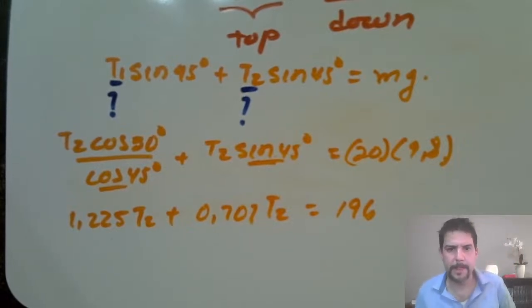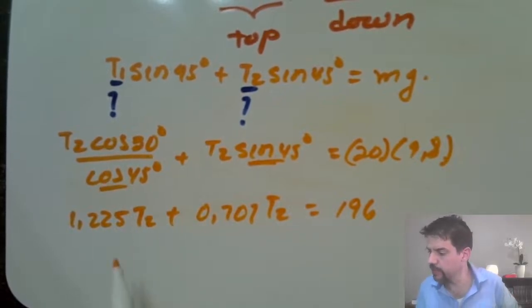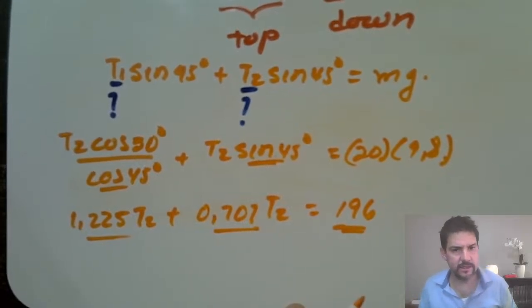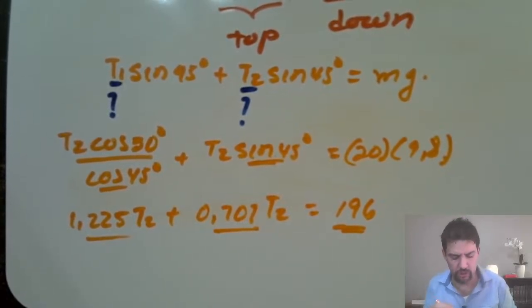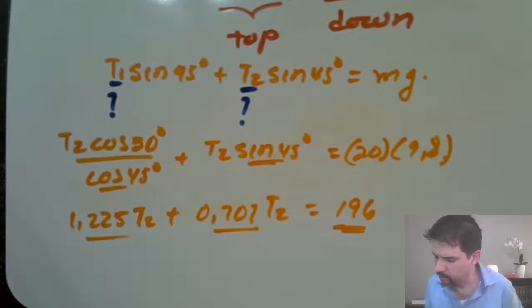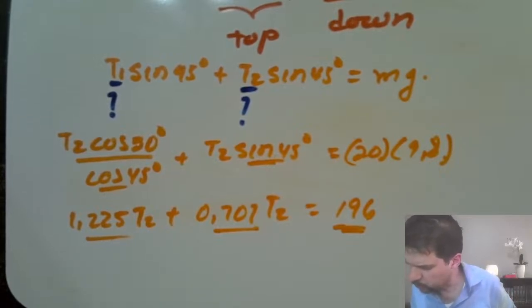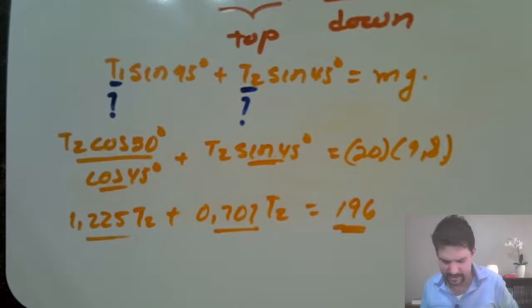Okay? I hope you are with me. So now here you just have to add. This one is a common factor, and you rearrange, and then we are almost done with the calculation of T2. Now it's 1.225 plus 0.707, and that is 1.932.